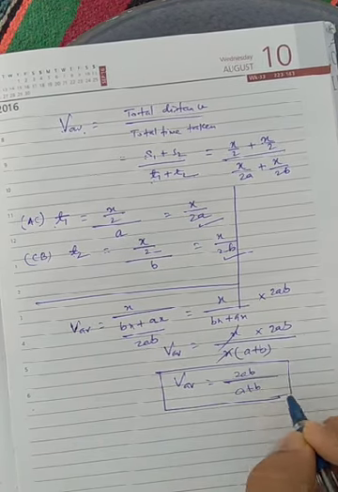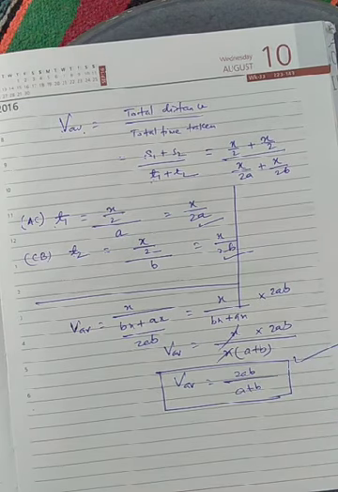So this is the formula for average speed when the distance is divided into two equal halves.